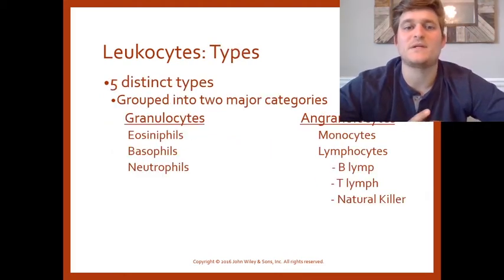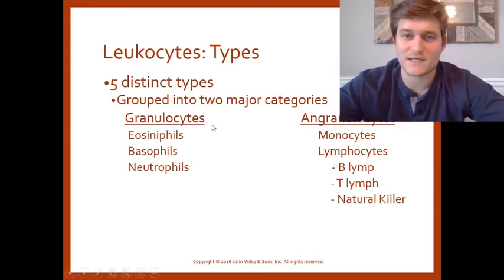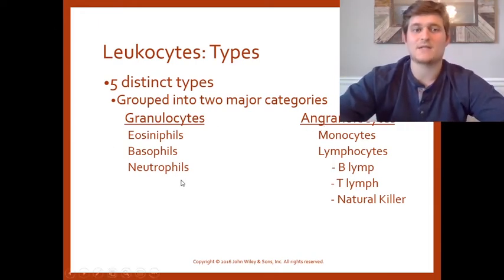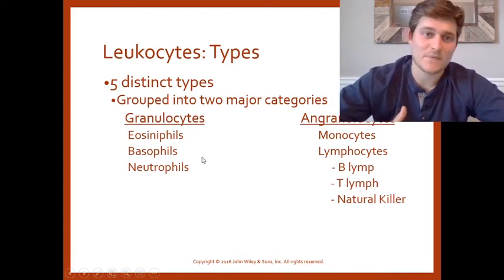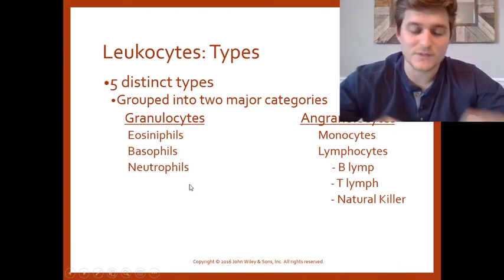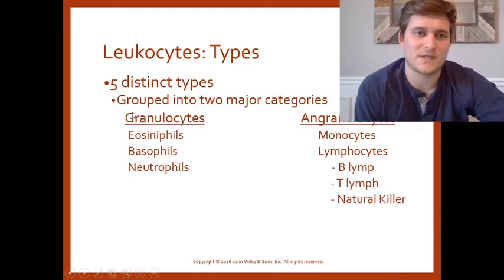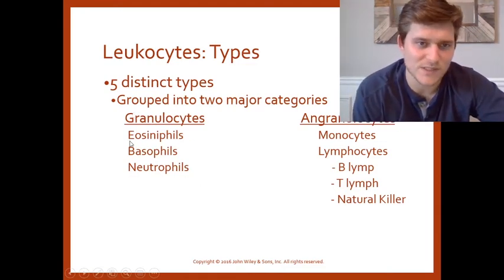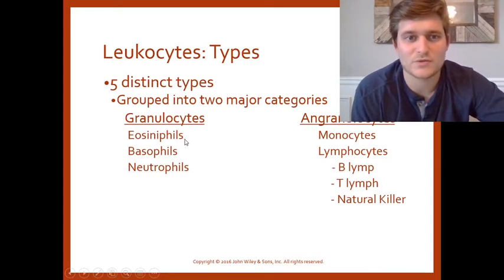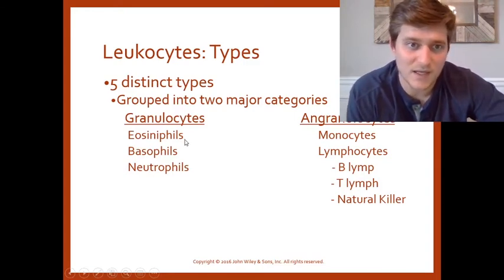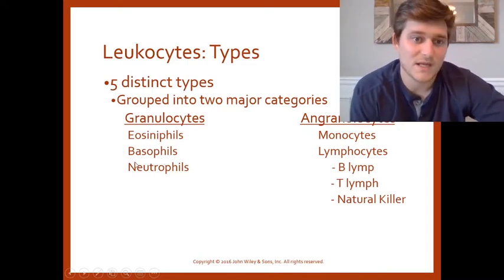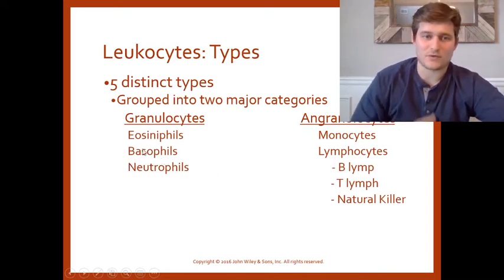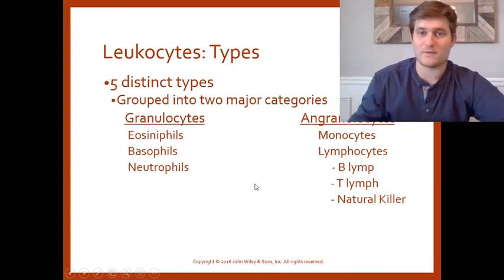Leukocytes can either be divided into granulocytes or agranulocytes, and so these different granulocytes are going to contain different granules that will break apart the things that they ingest. So eosinophils are going to contain acidic granules, basophils contain alkaline granules, and then neutrophils, granules that are neither acidic nor basic.